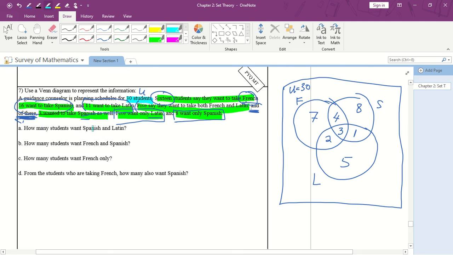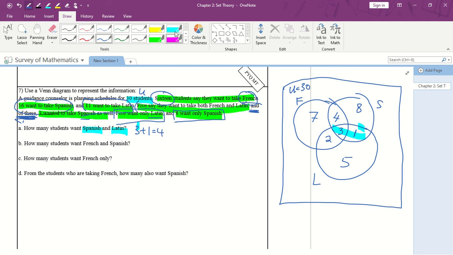Let's look at the question. How many students want Spanish and Latin? Spanish and Latin. So the region is here. So the answer here is 3 plus 1 is equal to 4.